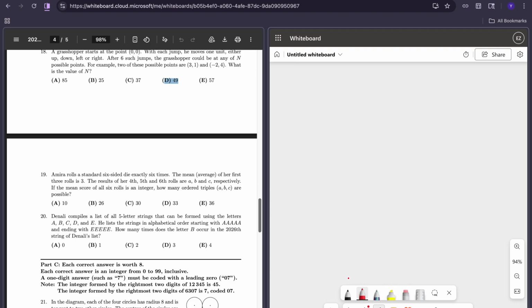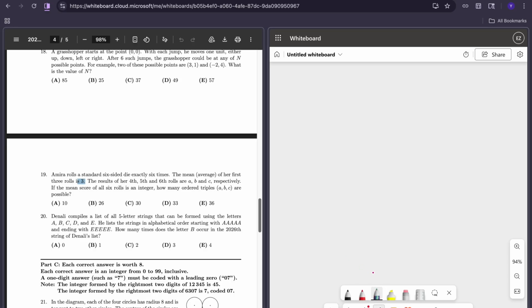Okay. First of all, we know we're looking for an integer mean. Second, we know the average of the first 3 is 3.